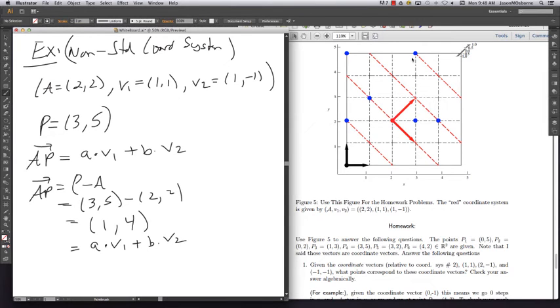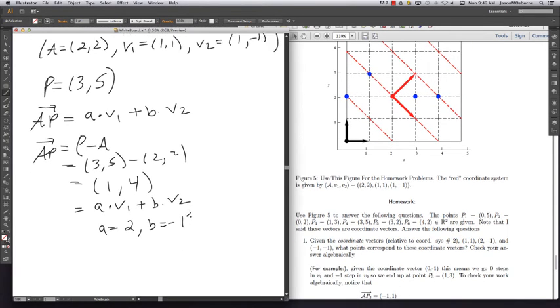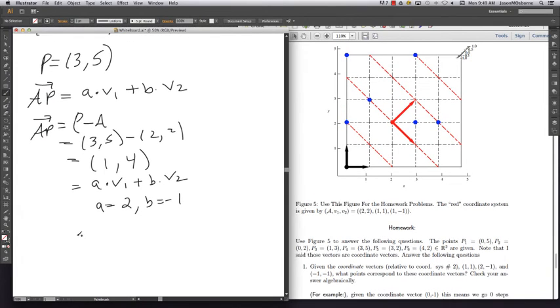If I go from this point to that point, and I'm only allowed to go in the red directions, it looks like I can go 2 steps in the V1 direction, and it looks like I can go backward V2. So it looks to me that just from the picture, A would be 2 and B is equal to negative 1. Okay? And you should be able to check that by doing 2 times 1, 1, and adding negative 1 times V2, which is 1, negative 1.